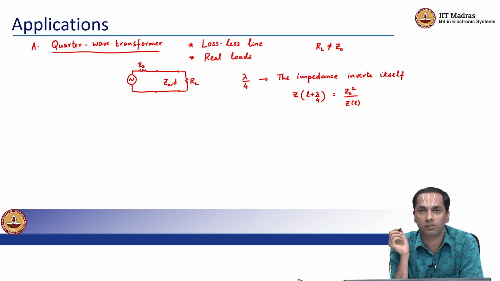So we are going to look at this closely, and we are going to ask ourselves, if I have a situation where RL is not equal to Z0, what can I do?